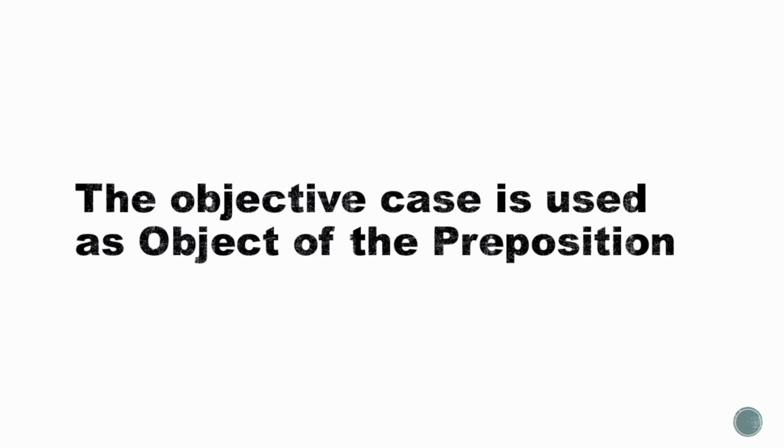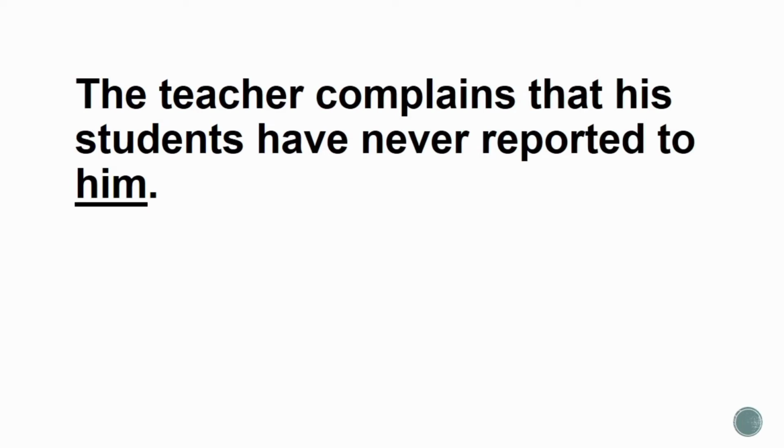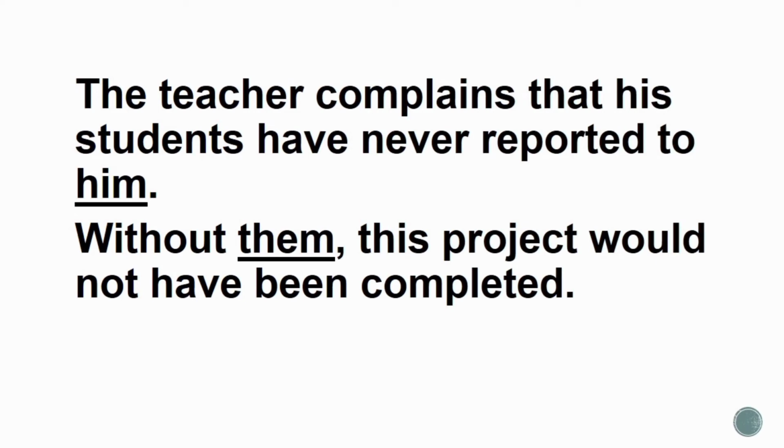Like in this example, the teacher complains that his students have never reported to him. Our pronoun him is the object of our preposition to him. So the object would be right after the preposition. Another example would be, without them, this project would not have been completed.